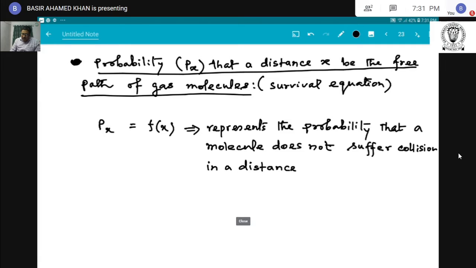Mind that this is the probability that a molecule does not suffer collision in a distance x. This is P(x), and it is obvious that this probability must depend upon x. That's why I write P(x) equal to a function of x.